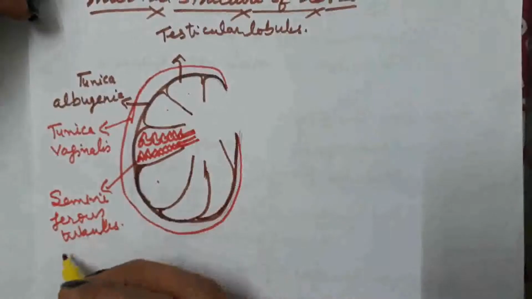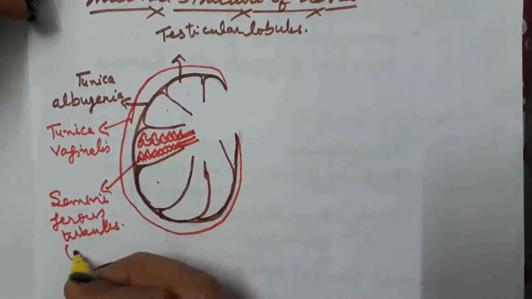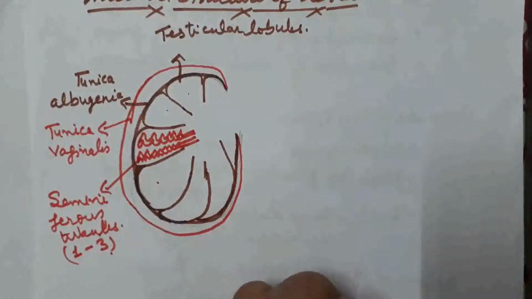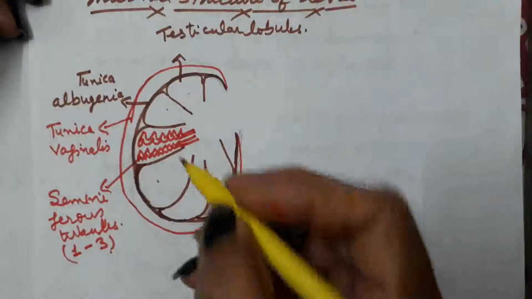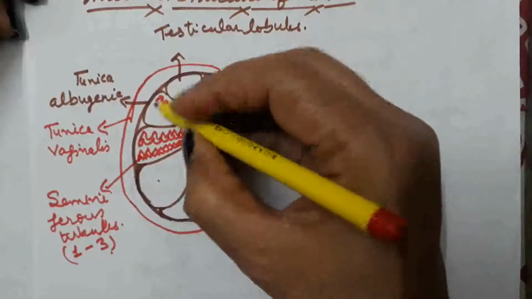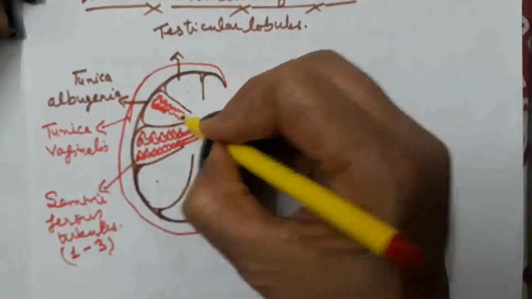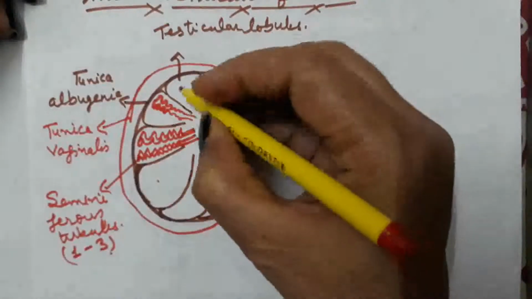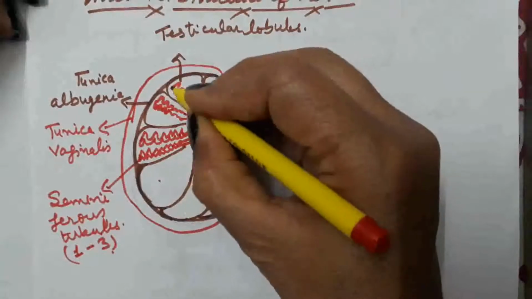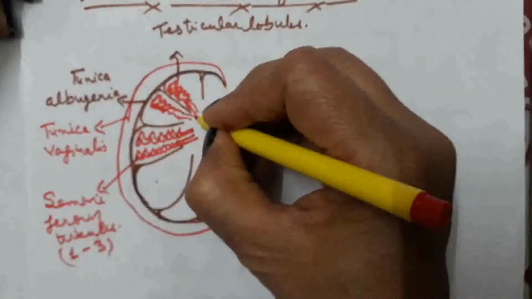The number of seminiferous tubules inside the testicular lobules may be 1 to 3. In every testicular lobule, these coiled tubules are present, and at the end they become straight.